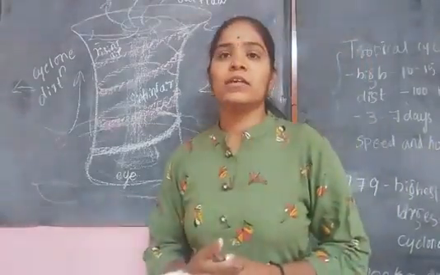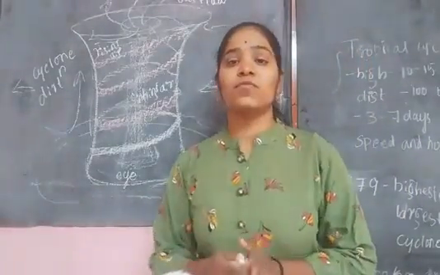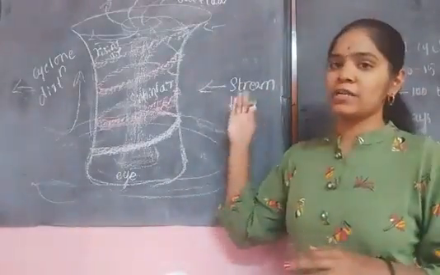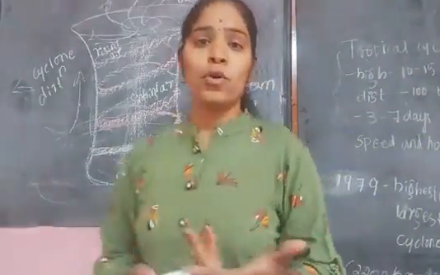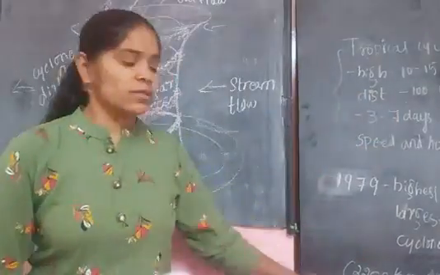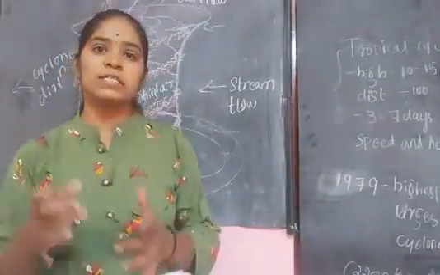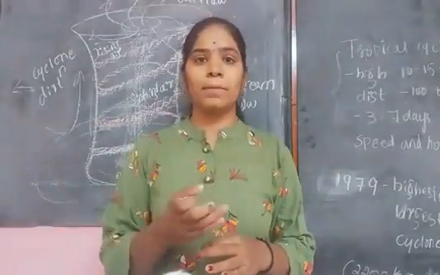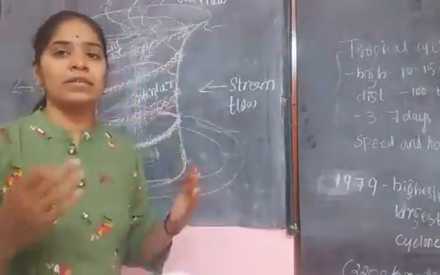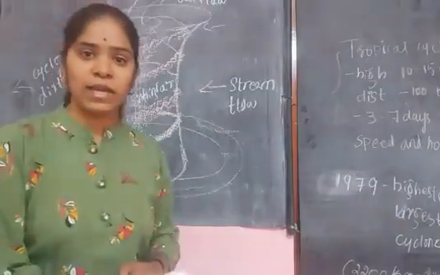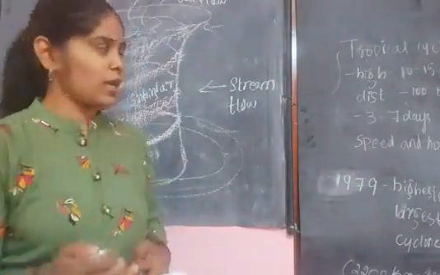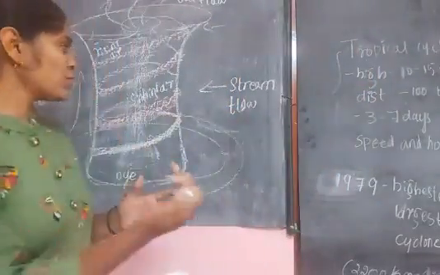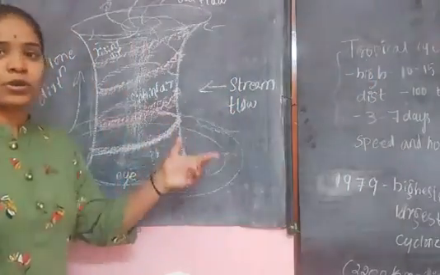So the next concept is what are the destructions that are caused by the cyclones. When the height of the cyclones is up to what? 10 to 15 meters, then it will lead to destruction of the trees, buildings, and it makes people live in some other places, and they have to leave their homes. Okay, so the rotation of the wind speed will be up to 100 to 200 kilometers per hour.